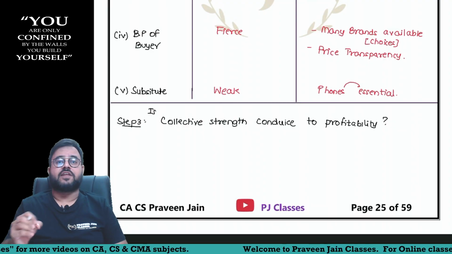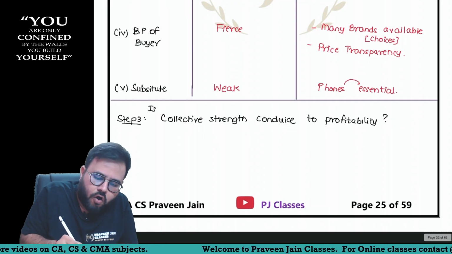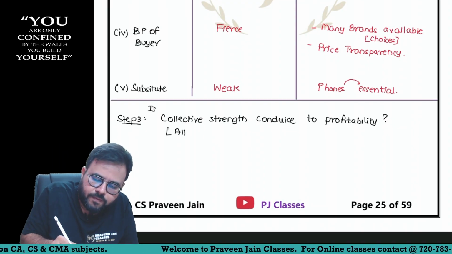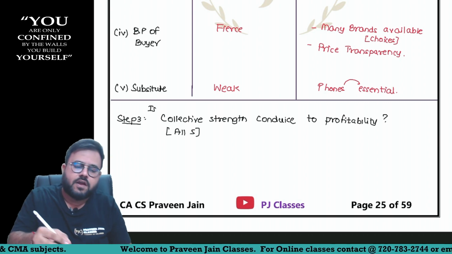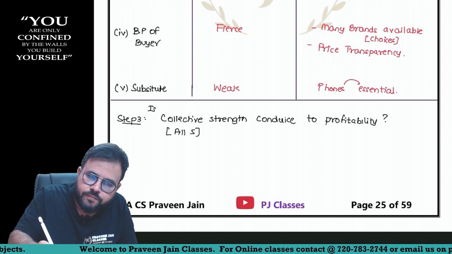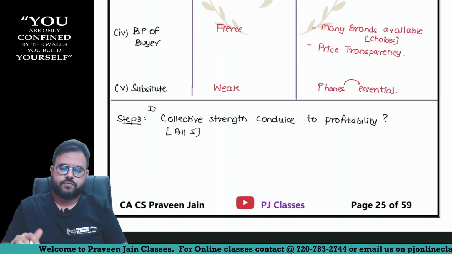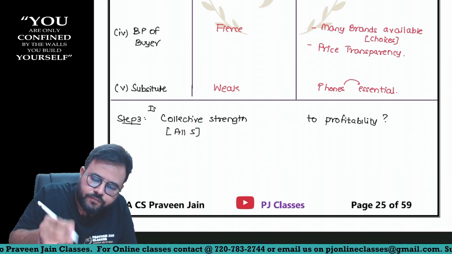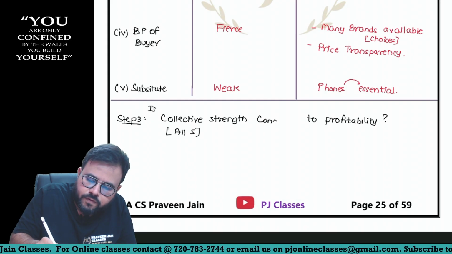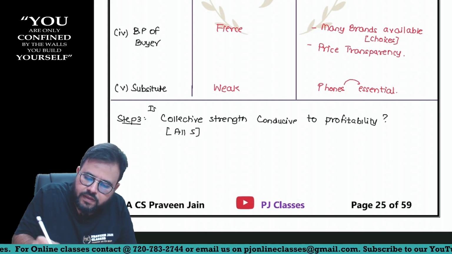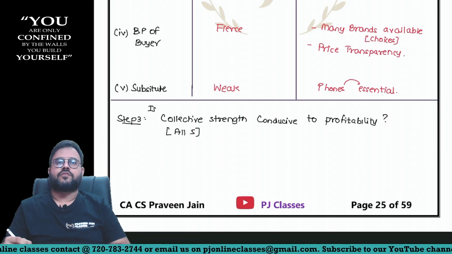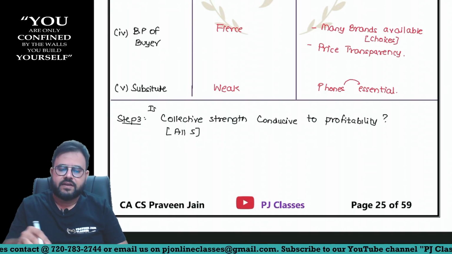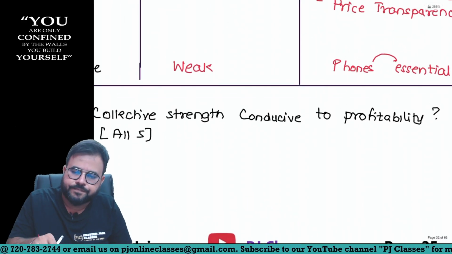Collective means all 5. Is collective strength conducive to profitability? That is conducive.